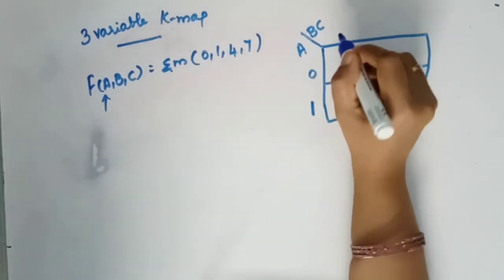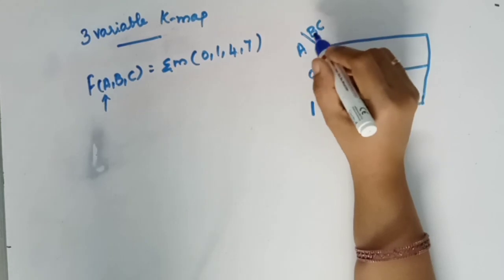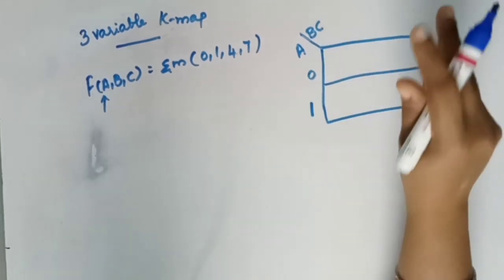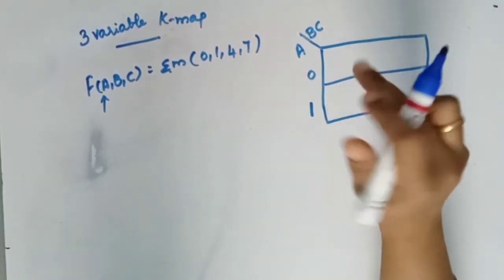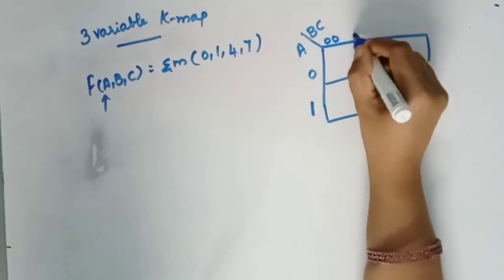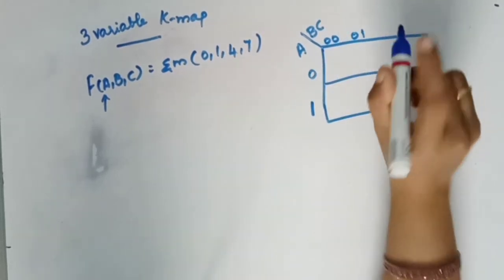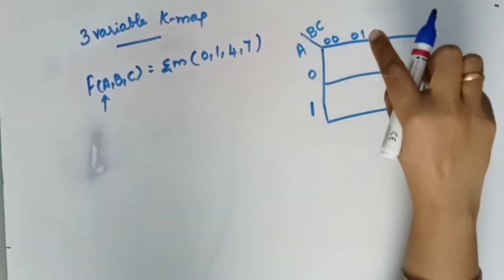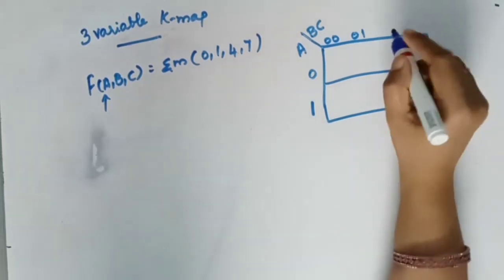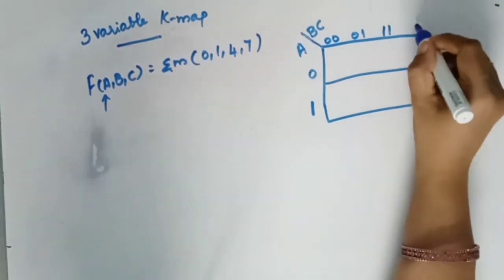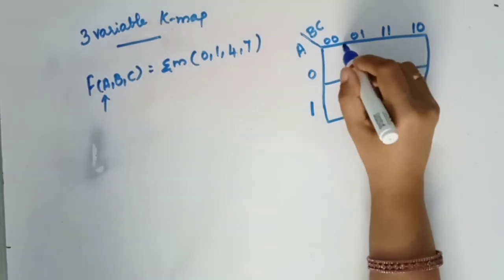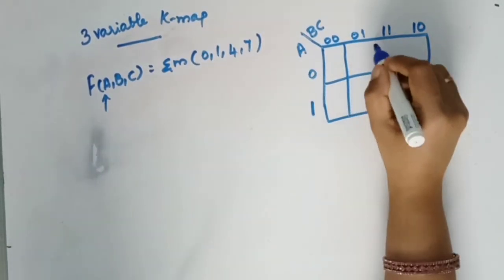Then BC can have 4 values, BC being 2 bits, 2 raised to 2, 4 values: 0, 0, 0, 1. Normally it is 0, 0, 0, 1, 1, 0, 1, 1, but in a Kmap you'll write it as 1, 1, 1, 0. So don't mess that up also.